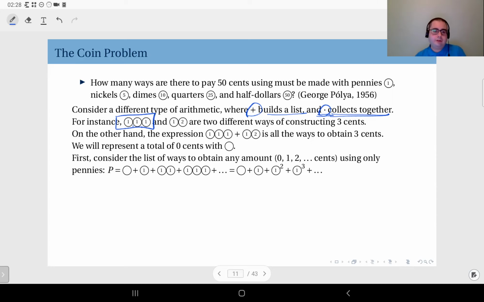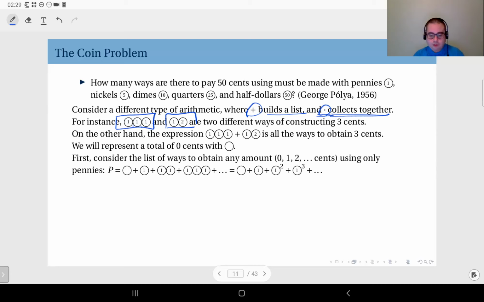So this is a configuration which gives you a total of 3 cents. Or if you happen to have like 2 cents as a coin, which we do not, as far as I know, this would be another solution to 3 cents.